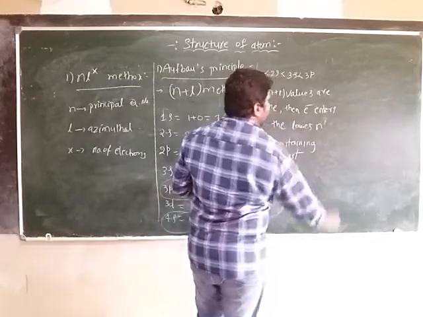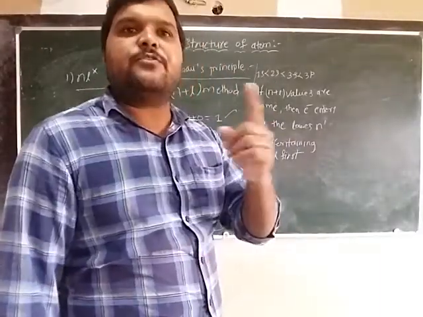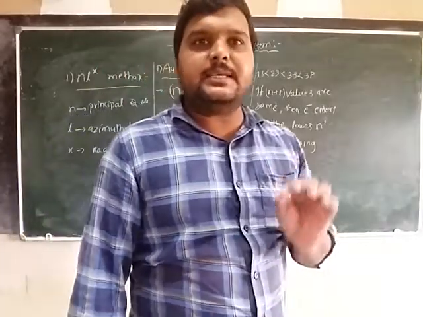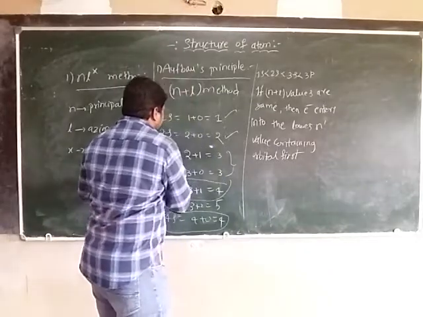That is very important. You have to remember: if n plus l values are the same, the electron first enters into the lowest n value containing orbital. So 2p and 3s.